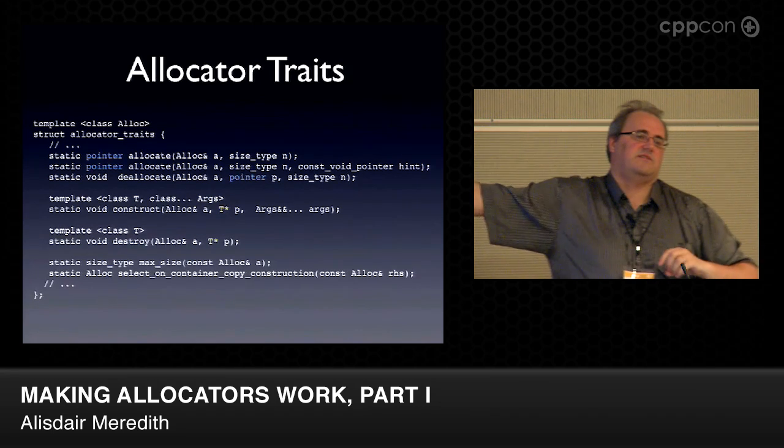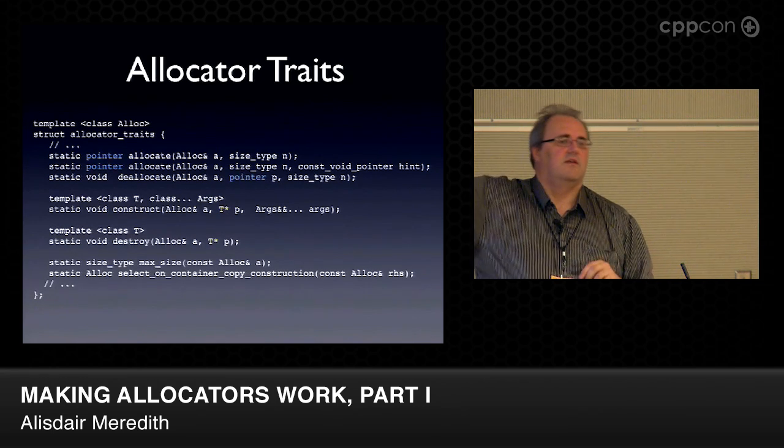I don't want to accidentally make a copy of a special purpose allocator that's using a much more constrained resource. So the default behavior is copy the allocator. There's no notion of a default allocator in the C++ standard. But this turns out to be a very useful customization point for certain kinds of allocator models. So we discovered it, we made sure it was supported in a standard model as well.